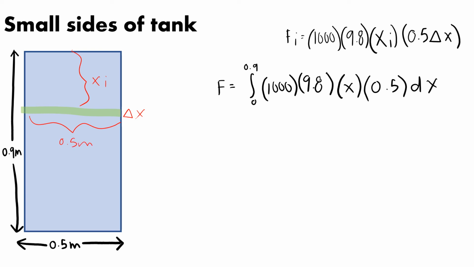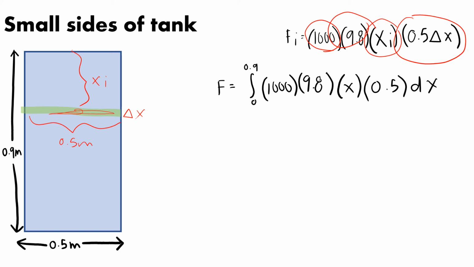Now to find F sub i, we will multiply 1,000, which is the density of water, times 9.8, which is the acceleration of gravity, times x sub i, which is the depth of the water, times 0.5 delta x, which is the area of the slice.